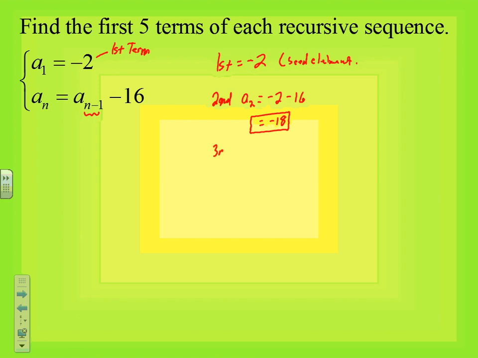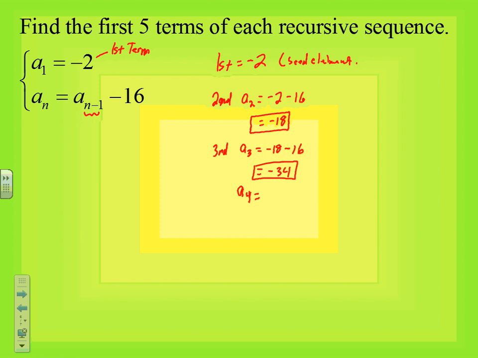So now let's look at the third one. That -18 now gets substituted into the sequence that we have. So I'm going to say a of 3 is equal to -18 minus 16, and -18 minus 16 gives me -34. So here's the third term of the sequence, and now that number gets substituted in order to find the fourth one.